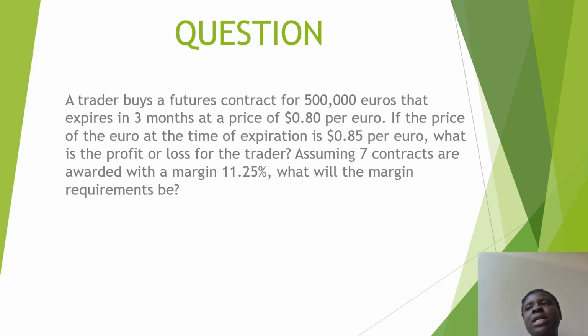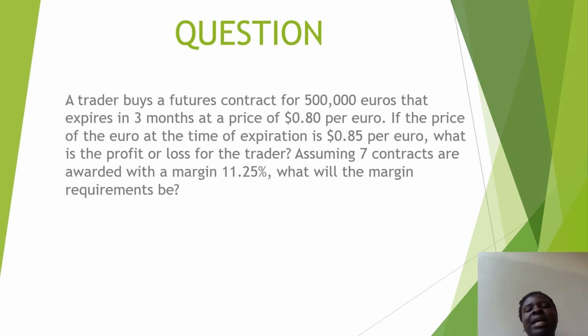Okay, so like I explained in the previous video, which covered forward contracts, this is a futures contract. A futures contract is similar to the forward contract, but it is traded on the stock exchange. That is, it is organized and standardized, right? So you go to the stock exchange and you buy or sell futures contracts there.